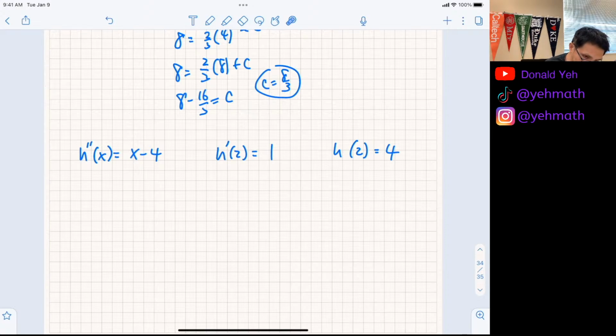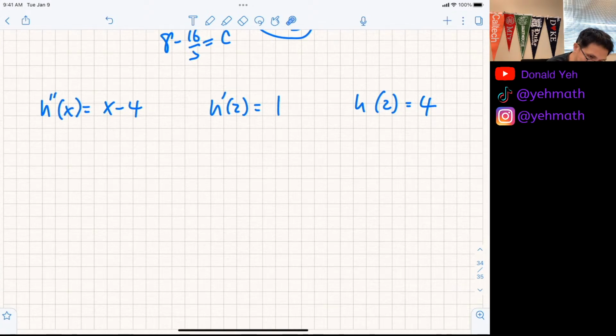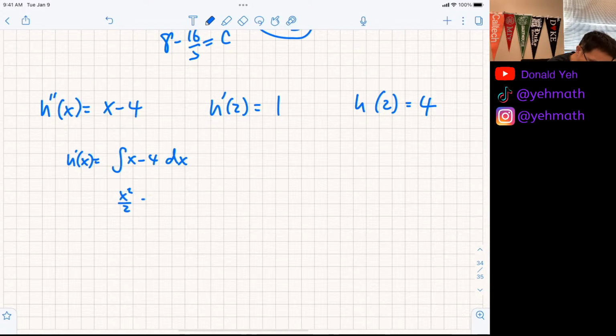Okay, let's try it. Because h prime of x is going to be the integration of x minus 4. And that's going to give you x squared over 2 minus 4x plus c. Does that make sense? Now, if I plug in 2, it should give me 1.